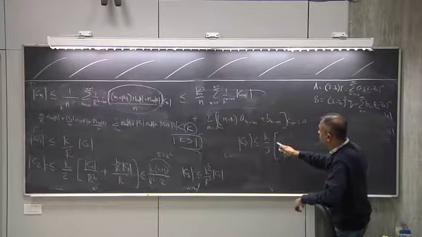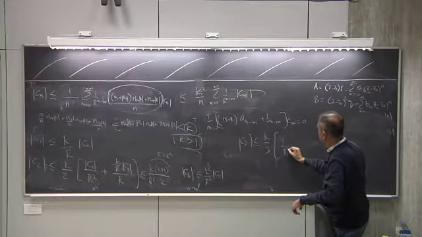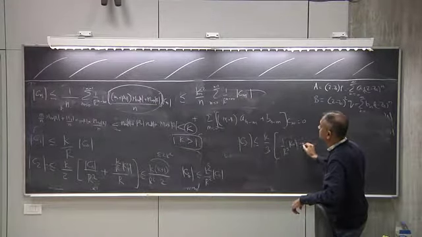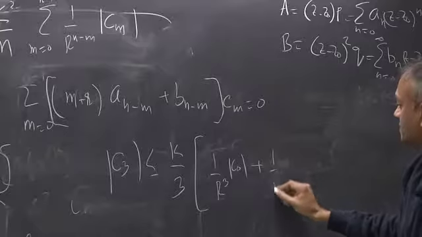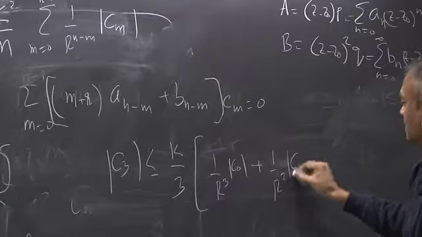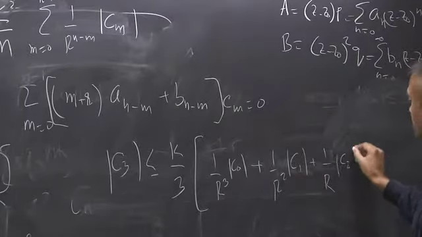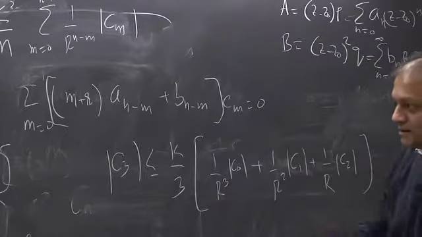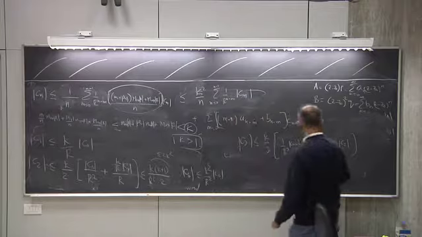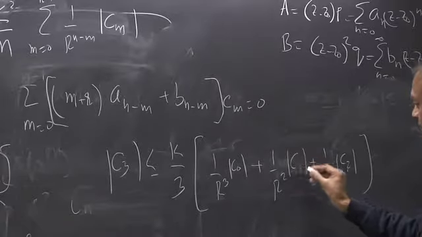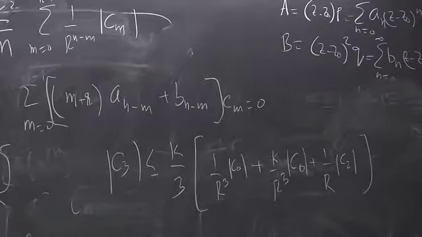We'll just see one more term. So this becomes, first m equal to 0, 1 over r cubed C0, plus the second one is 1 over r squared C1, plus 1 over r C2, right? Now use the fact for C1, which is this. So this becomes, again, replace this by C0, and this is kappa over r, so it makes r cubed.